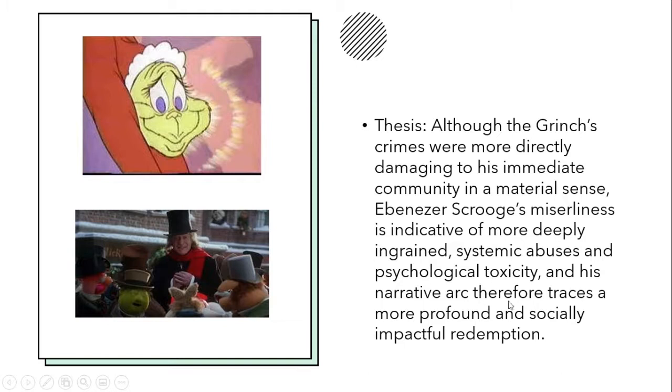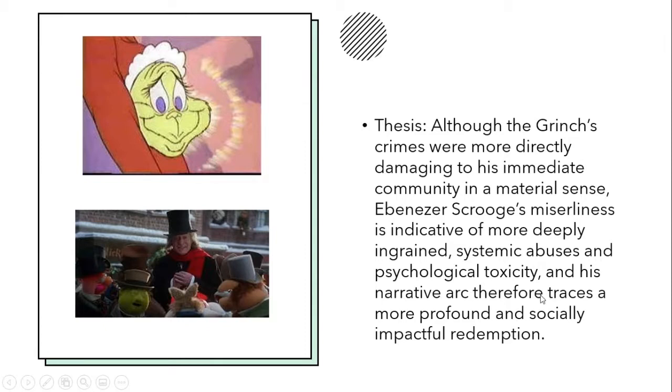And we know that. So the argument here is that Scrooge's redemption is more profound and socially impactful. And even though it doesn't say anything about the Grinch's redemption up here, it would have been made clear by the introduction that that's what we're talking about.